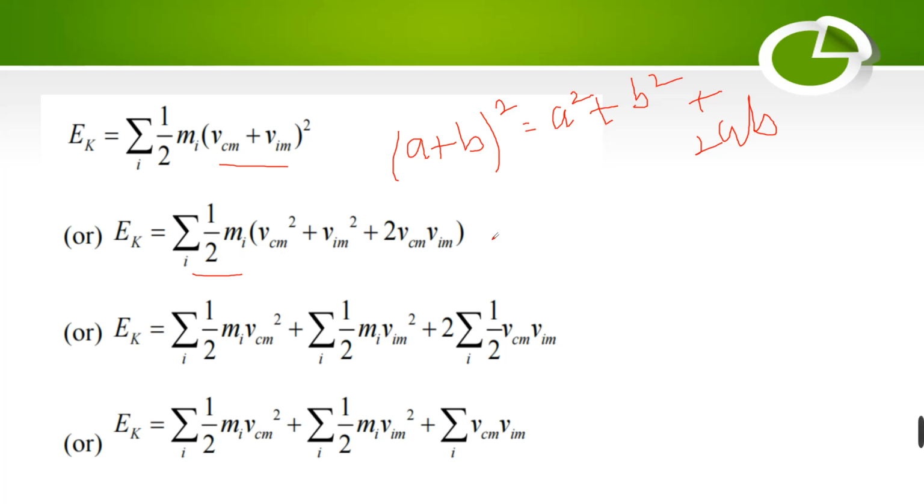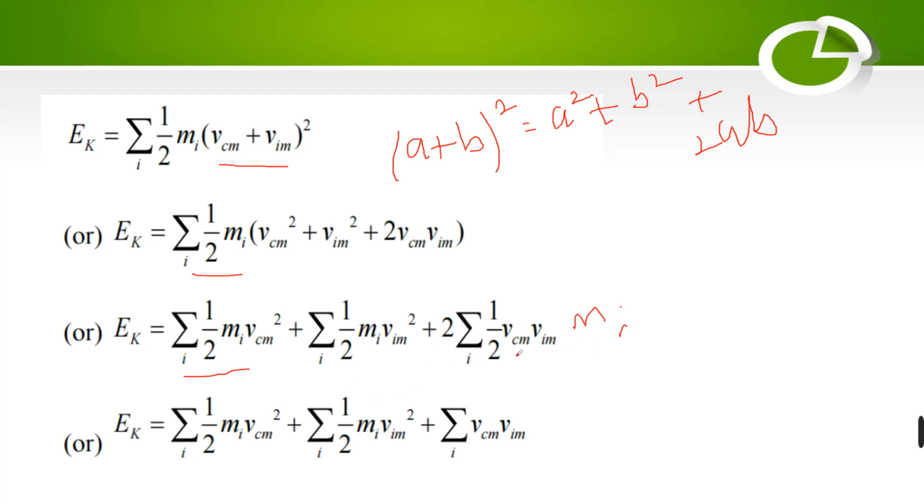So when we bring this, the term forms to summation i equal to 1 to n half mi Vcm square plus summation i half mi Vim square plus 2 times summation i half Vcm Vim into mi.